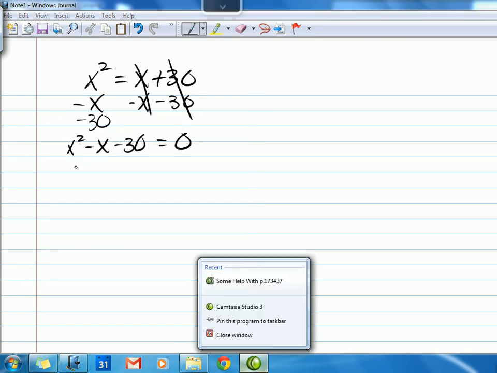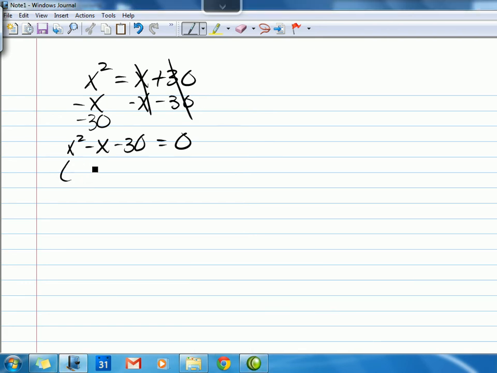And now factor. If in fact I'm factoring, this right here factors to be, you have your x, I'm going to use 5 and 6. So if I use 5 and 6, let's put my 5 here, 6 here. Signs are different. The larger one is negative, so negative, plus, and that's going to equal 0.